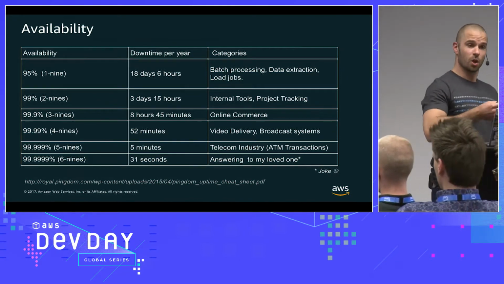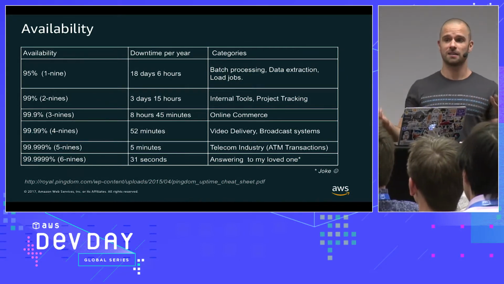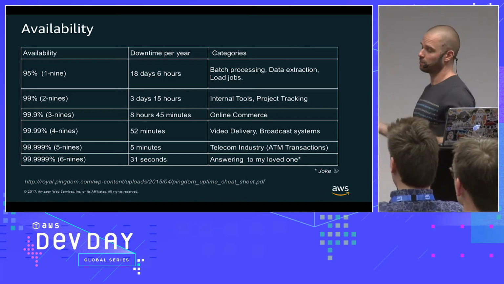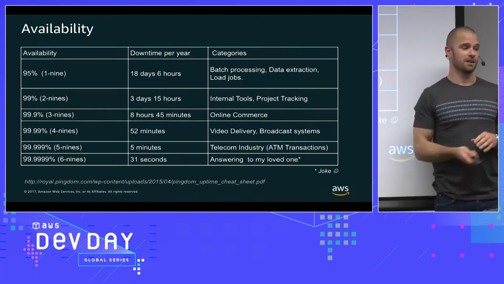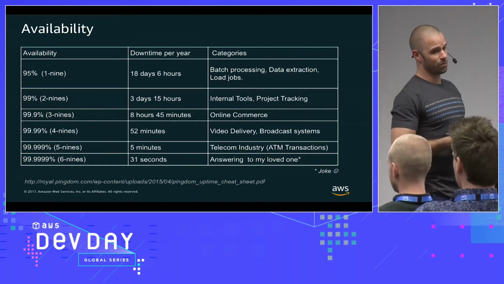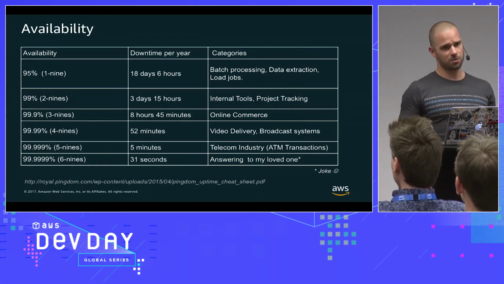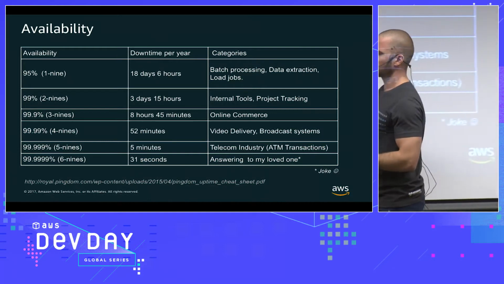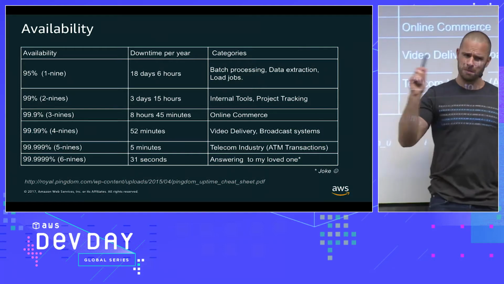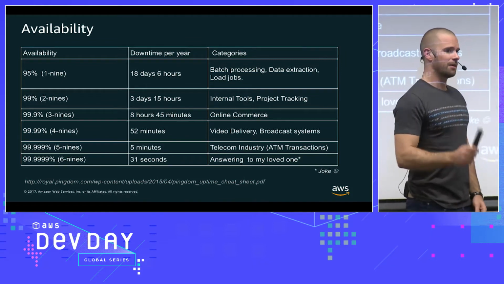But not everything has to have 99.999% availability, right? Not at all. And this also has a big impact on understanding what it really means, because a lot of customers all of a sudden start to say, oh, I want to have 4 nines of availability, which is 52 minutes in 1 year of downtime, right?